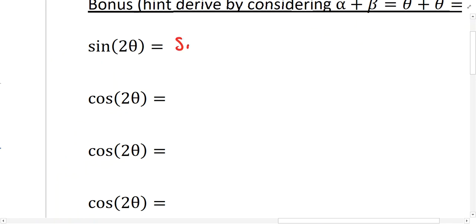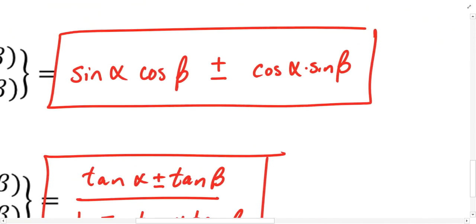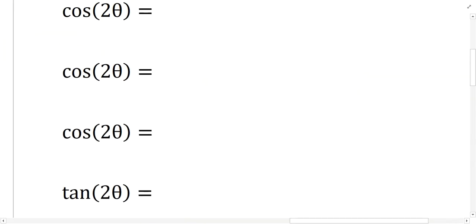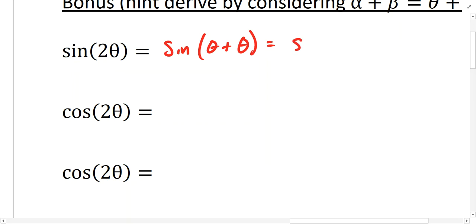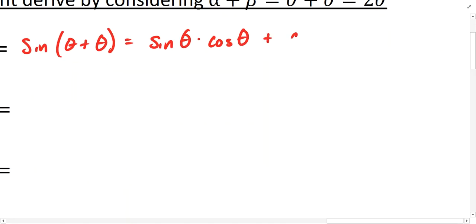For sine of 2 theta, that would be the same as sine of 1 theta plus another theta. And based on our sum identity for sine, well, I need sine cosine plus cosine sine. So this would be sine theta cosine theta plus cosine theta sine theta.